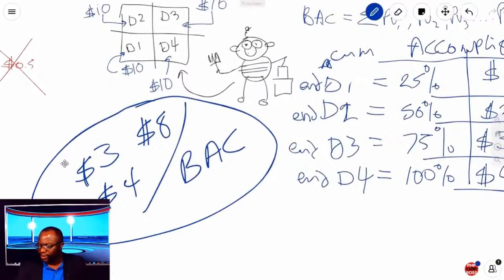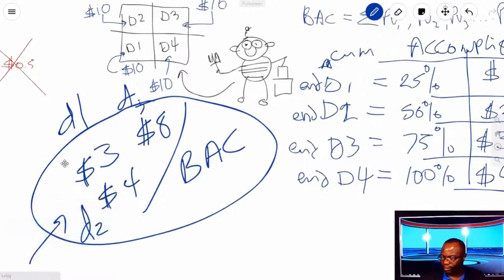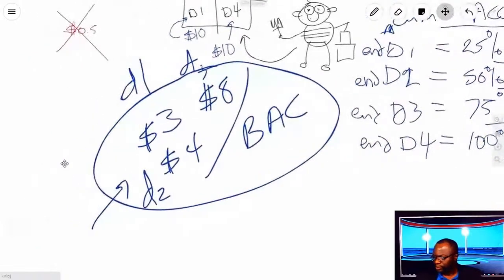Phil is a project manager on a project. On day 1, you have that as the planned value. Day 2, you have $4. And day 3, you have $8. Let me get Phil out of the frame so that you can properly see what I'm talking about. So tell me, what is the budget at completion?